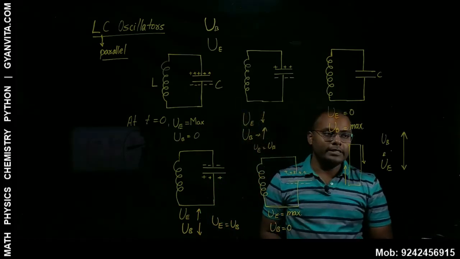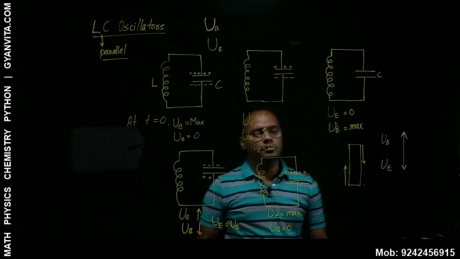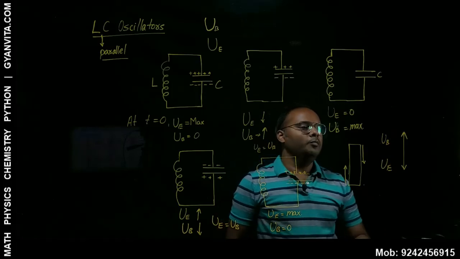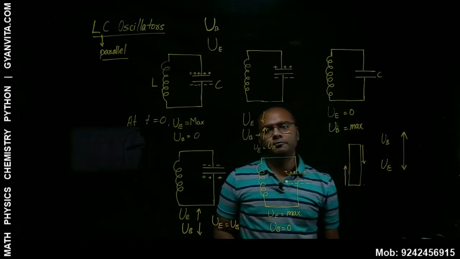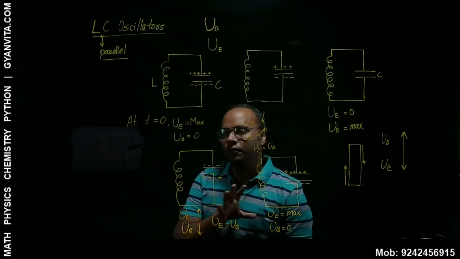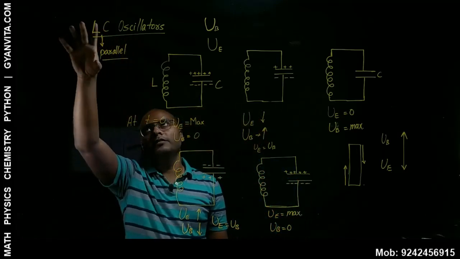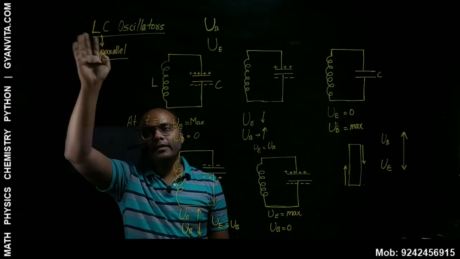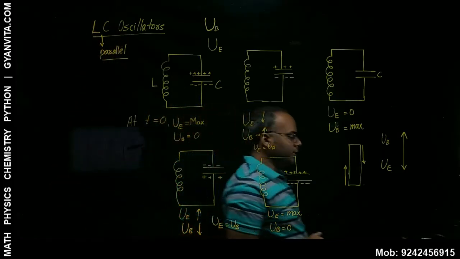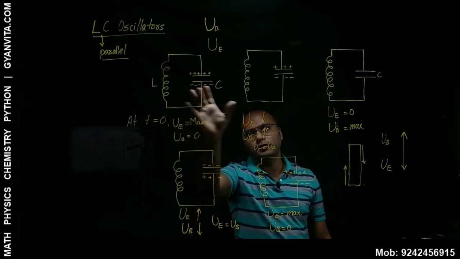So we can say that the values of the electrical and magnetic fields are oscillating between zero and maximum value. This type of device is responsible for causing these oscillations of energies, and that's why such devices are called LC oscillators, because they consist of L and C.